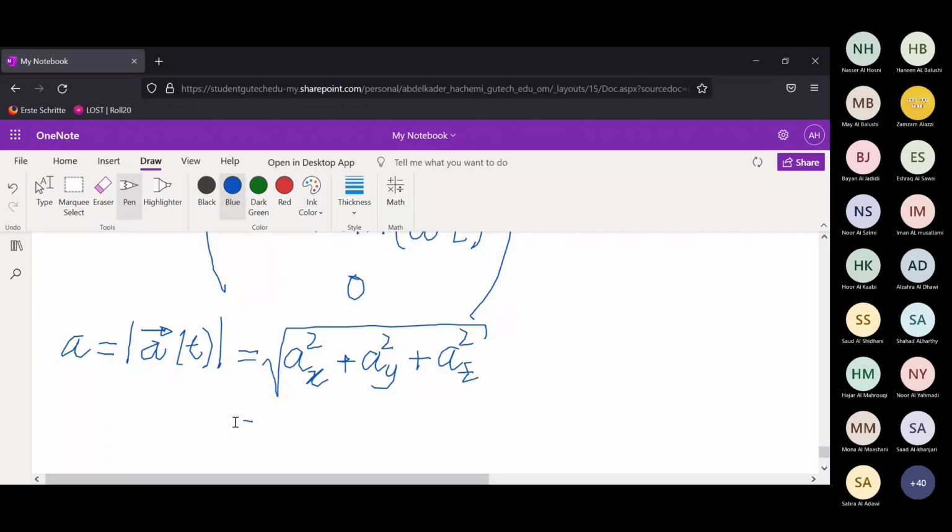Then in this case, we get r omega squared.